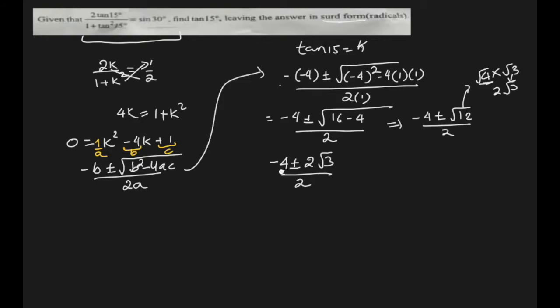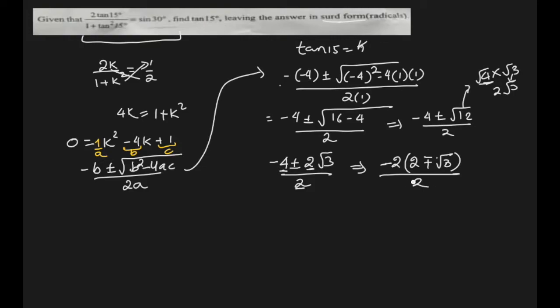Now we can see that this is even, this is even, this is even. So let's cancel out the things by taking 2 out of this. So let's take minus 2 out. Will it change it? No. So minus plus minus will become minus plus, square root 3 only, because 2 is taken common.